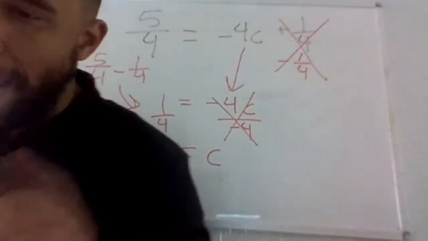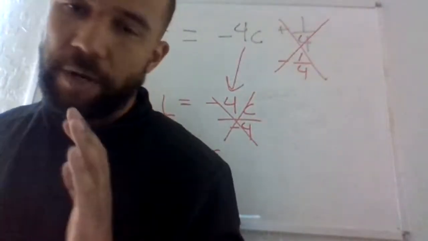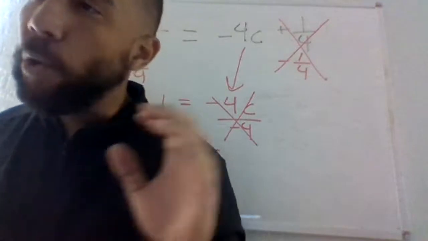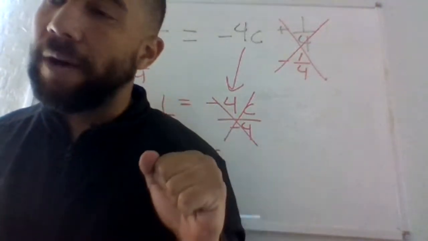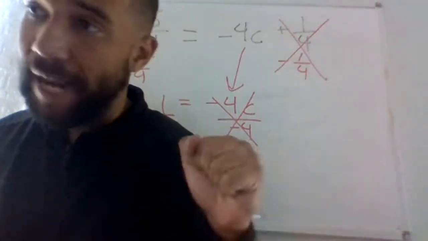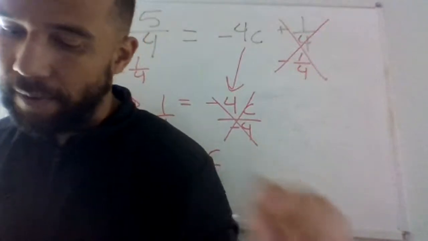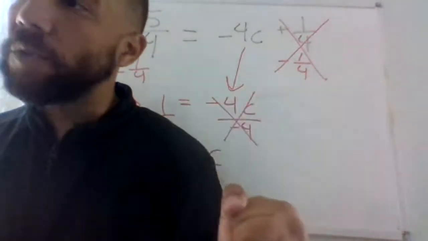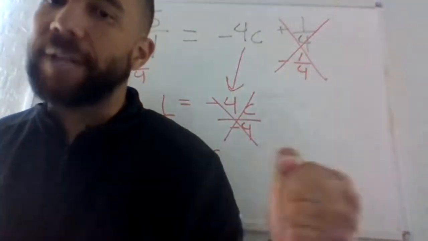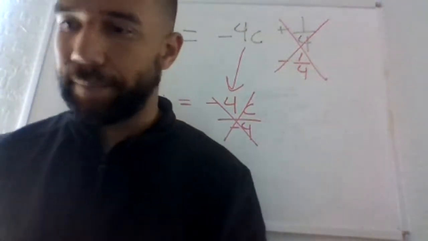So anytime that you're multiplying a fraction, you multiply straight across. If you are subtracting fractions or adding fractions and they're not the same fraction, like they don't have the same bottom number, the denominator, that's when we multiply the denominators and the numerators and all that stuff together.